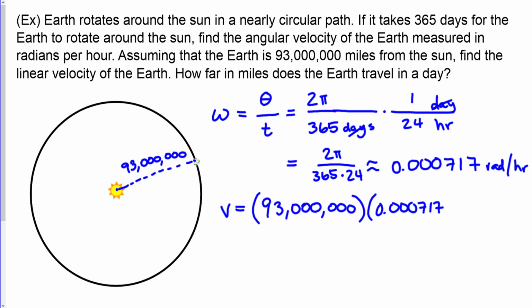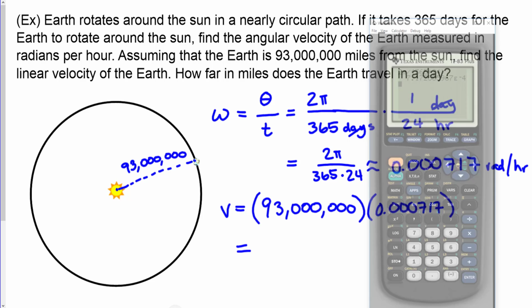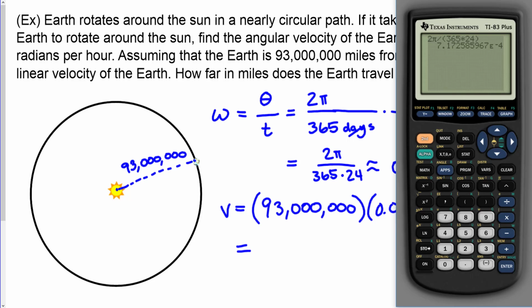So in the end, we'll have miles per hour. So let me get the calculator out. And I'm just going to take this answer and multiply it by 93 million. So about 66,705 miles per hour. So think about that.